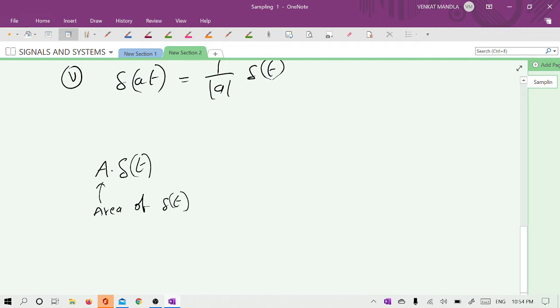It has value at t equal to 0 is infinity, and infinity multiplied by a is infinity at t equal to 0, so the amplitude has no information.